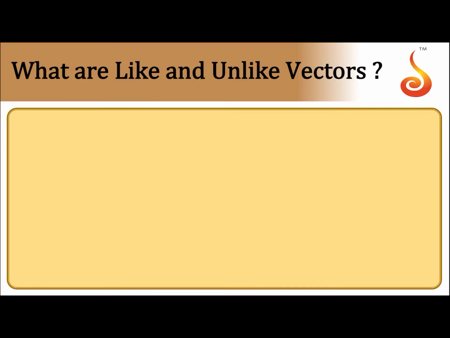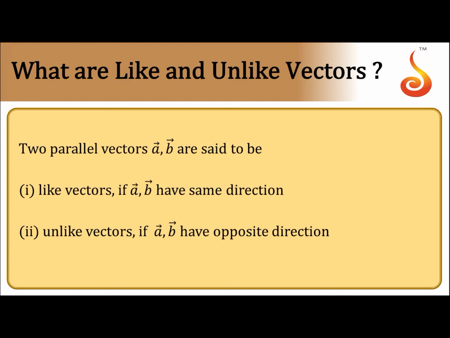What are like vectors and unlike vectors? Remember that two vectors are said to be like if they are collinear in the same direction. In other words, two collinear vectors are like vectors if they are in the same direction, and two collinear vectors which are opposite in direction are called unlike vectors.